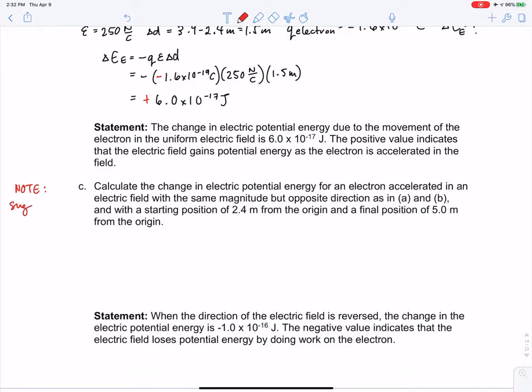The sign of the electric field will be negative, because the electron is accelerated in the opposite direction.